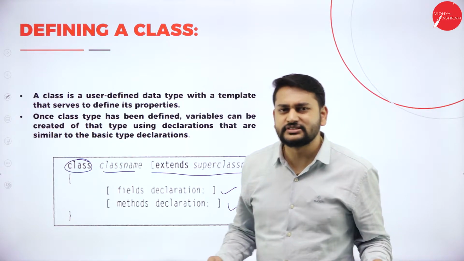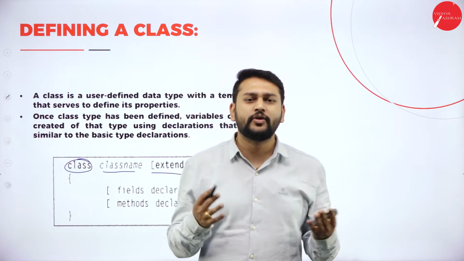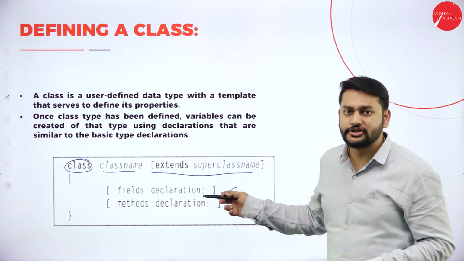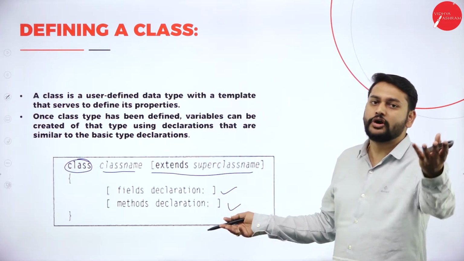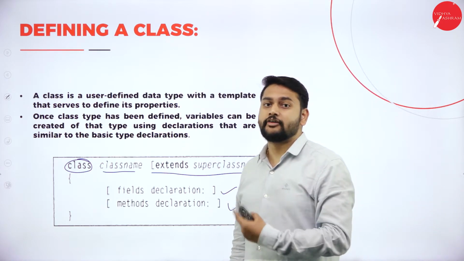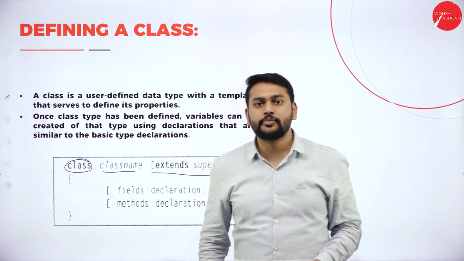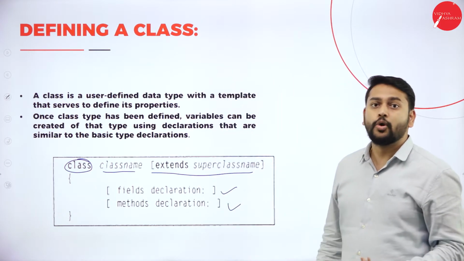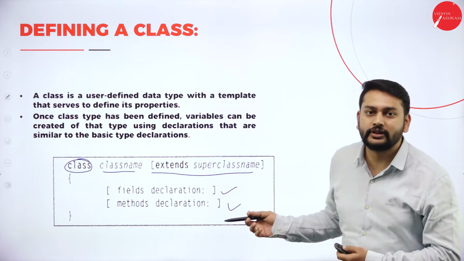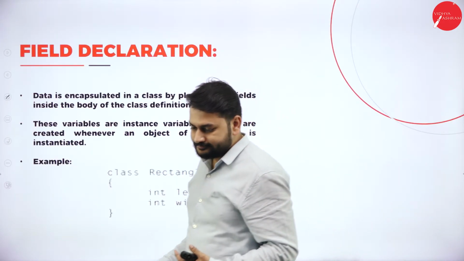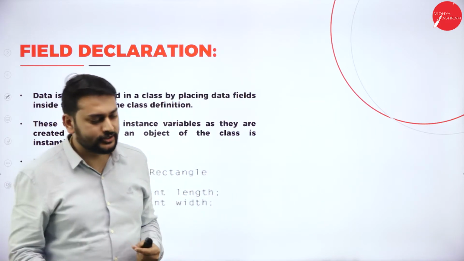Field declaration means data members, so you will be creating variables, right? Int A, B, C. That's what we call a field declaration, and the method declaration, which we have already discussed. Two things that I have in the class. Alright, this is the general syntax that you need to remember with respect to the class. How do I define the class? This is how I define the class. Fine. Let me talk about the field declaration now.